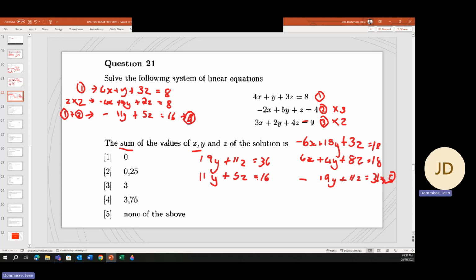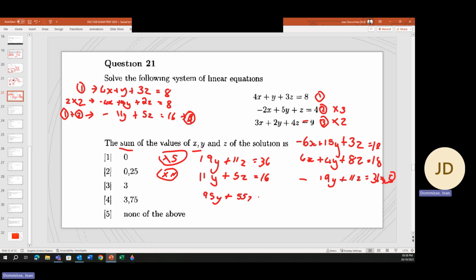So that's two formulas that are left now. Okay, multiply. There must be a shorter way. Multiply by 5, multiply by 11. So we sit with 95y plus 55z.